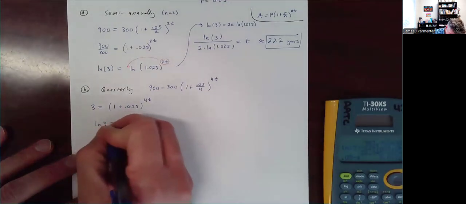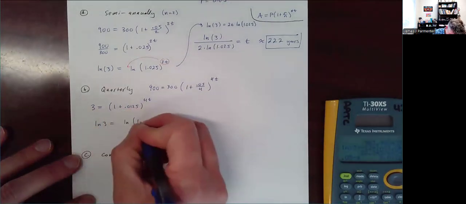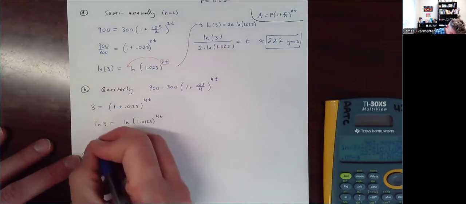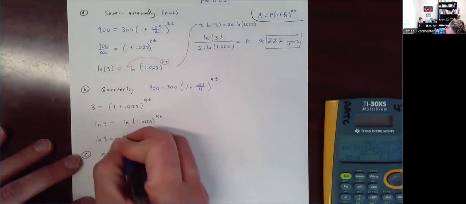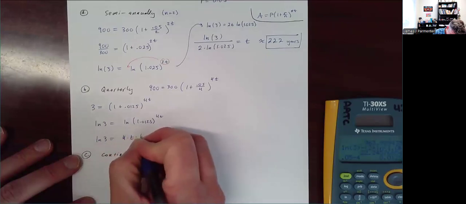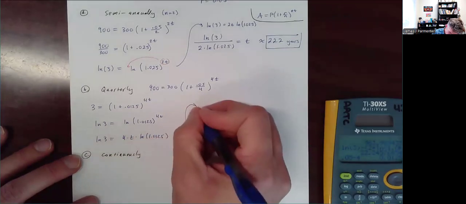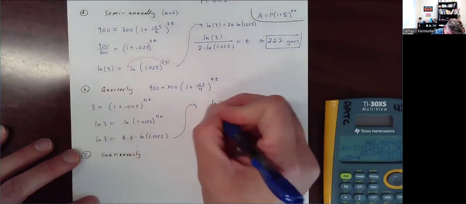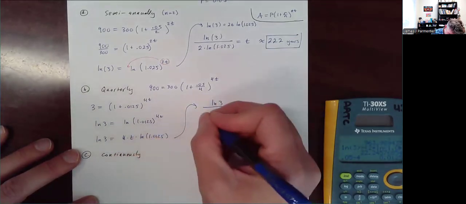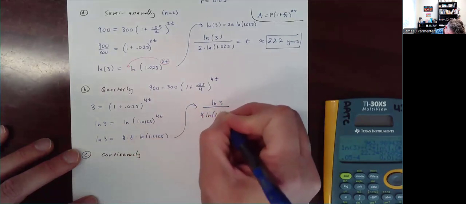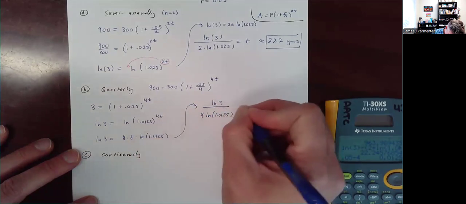Natural log of 3 equals natural log of 1.0125 to the 4t power. Bring down the 4t in front. Natural log of 3 equals 4 times t times the natural log of 1.0125. Rewrite it as natural log of 3 divided by both 4 and natural log of 1.0125. That's going to be equal to t.